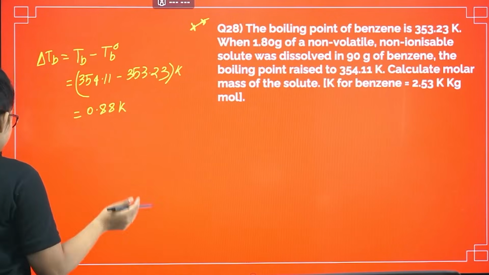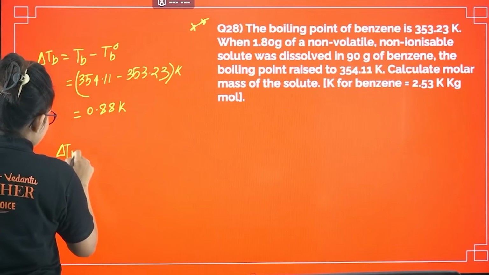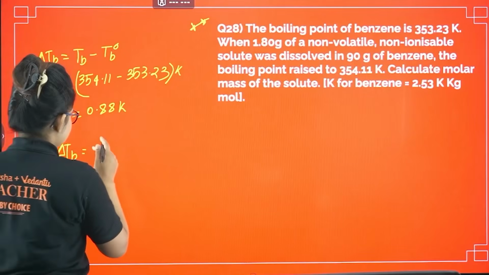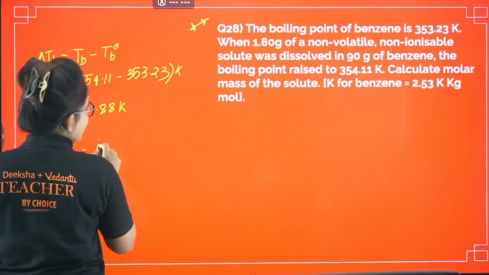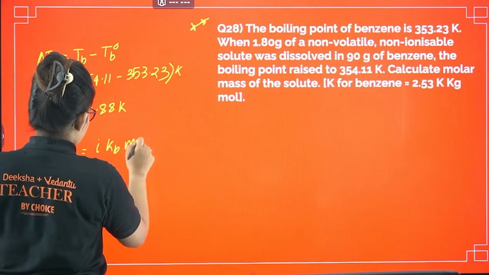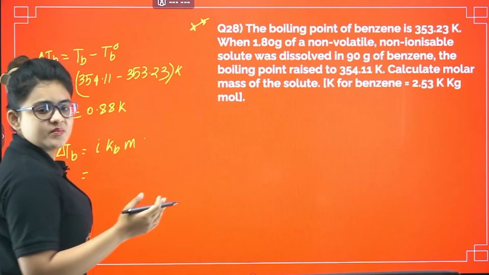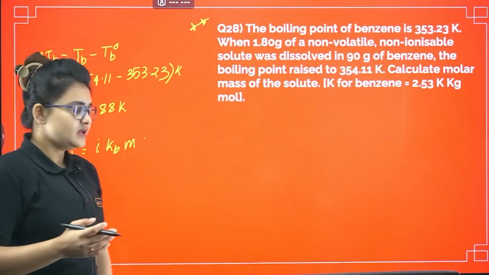Now if you put the formula, delta TB is equal to I into KB into M. The I value will be 1 because benzene is non-ionizable, right?